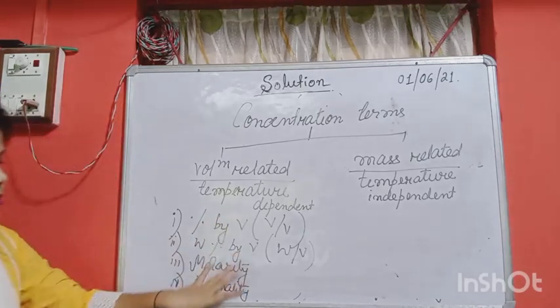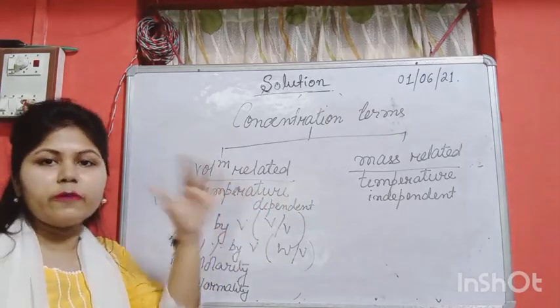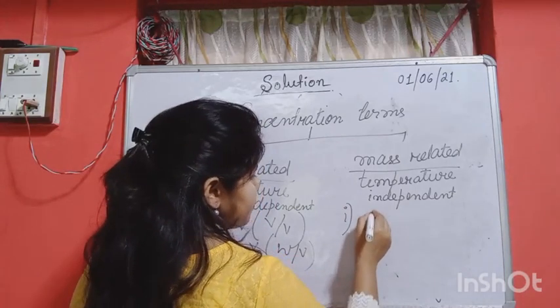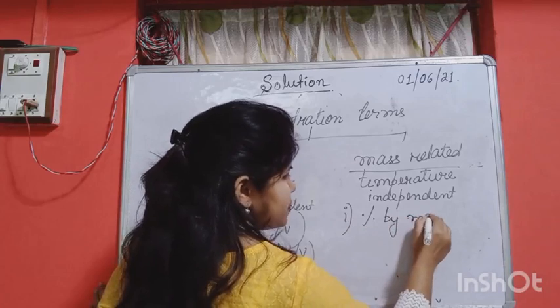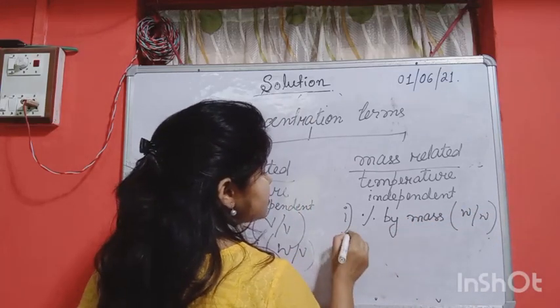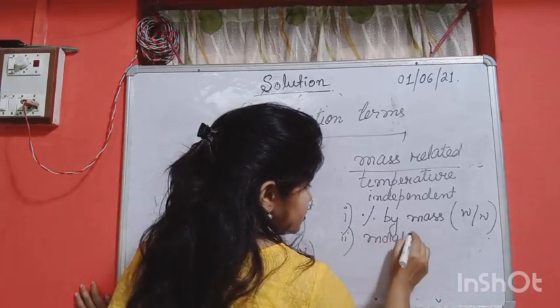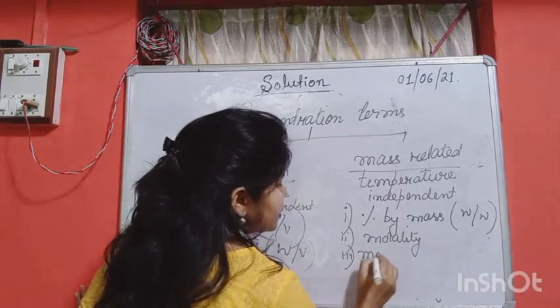Okay, so these are the 4 topics that will be related to the temperature, volume related. And the next one, mass related: percentage by mass, or percentage by weight, that is W by W percentage. Number 2, molality. Next, mole fraction, very very important, mole fraction.